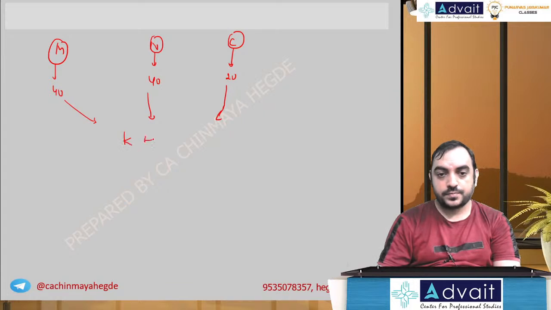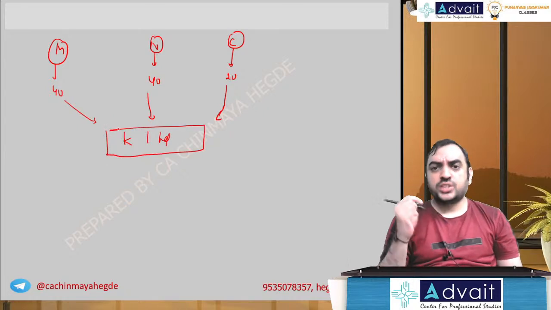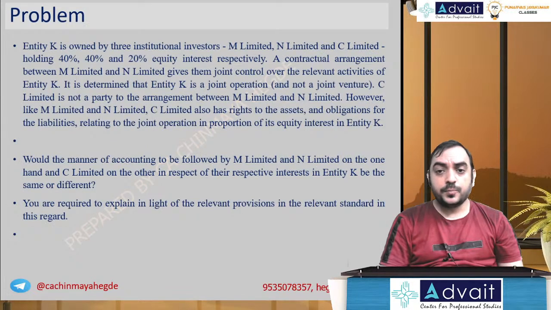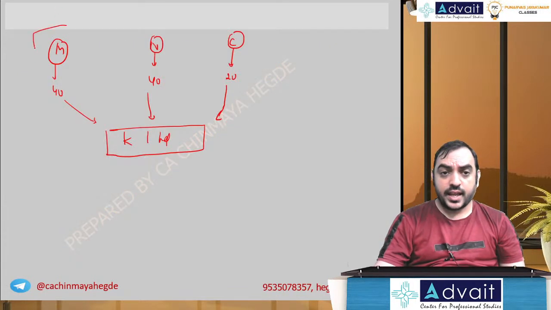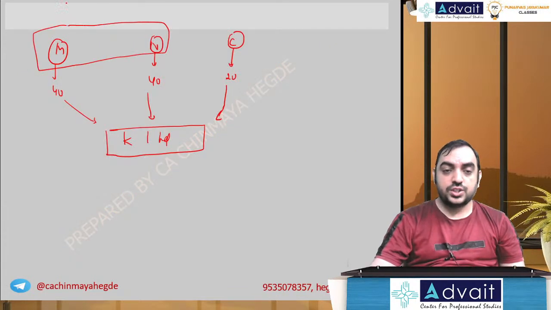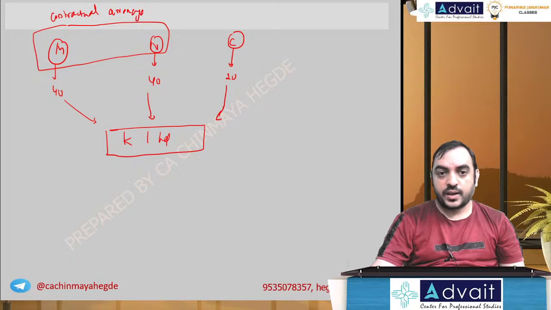K Limited looks like a joint entity, right? Because a separate vehicle is there. But read further. A contractual arrangement between M and N gives them the joint control. So M and N have the contractual arrangement, and therefore they have the joint control.